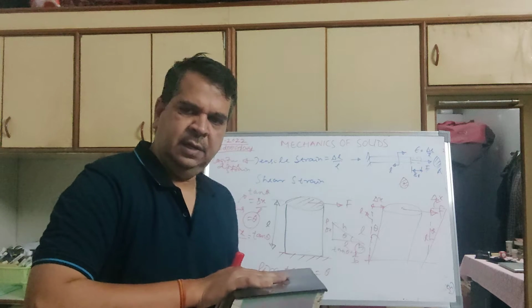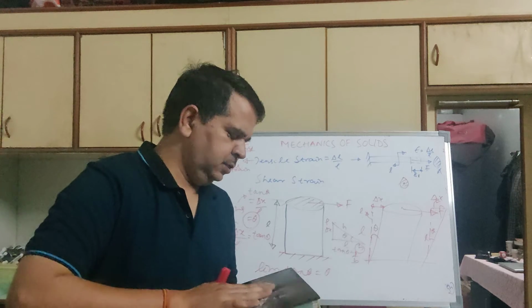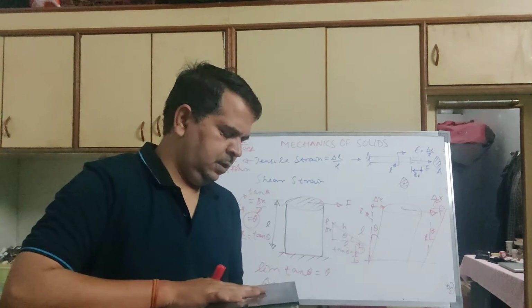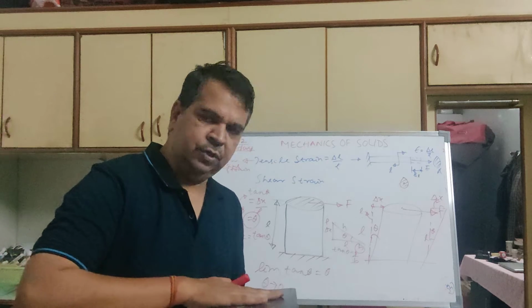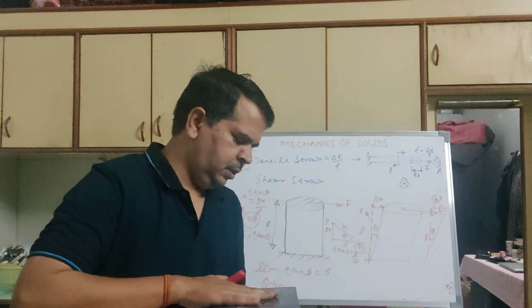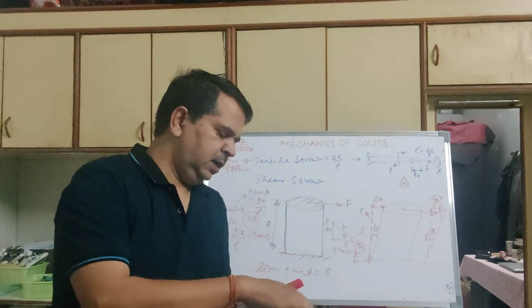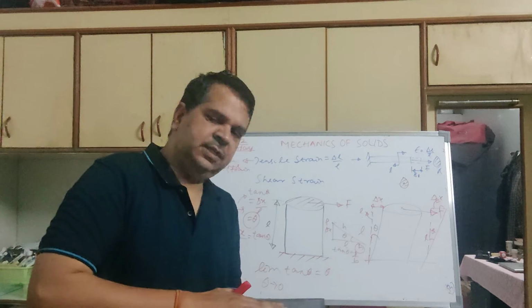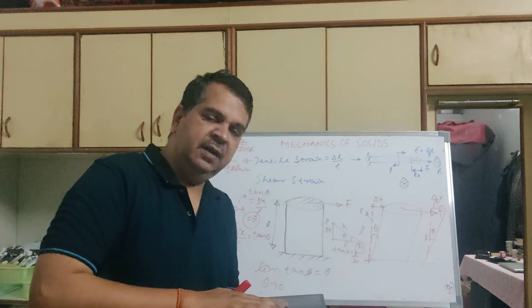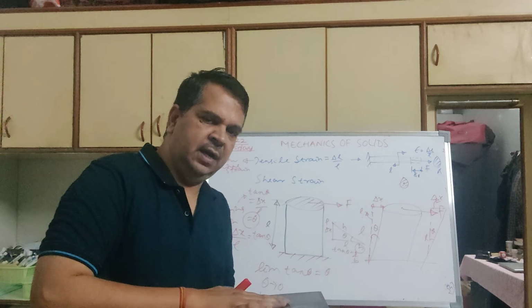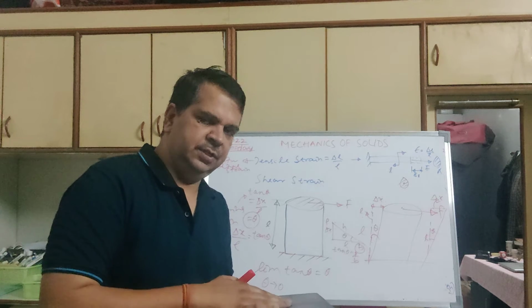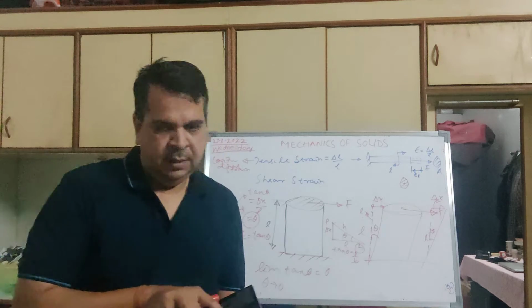You can see it has sheared. Earlier it was a perpendicular line; now you are applying a force parallel to the surface of the book, and this line which was vertical has become inclined. The angle it makes with the original vertical line is the shear strain.